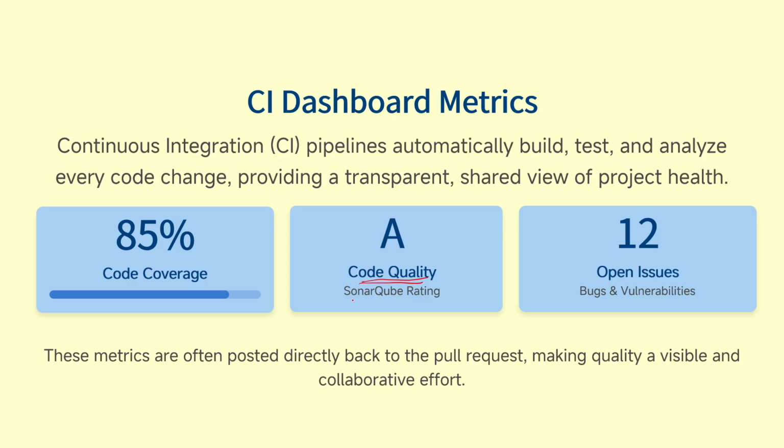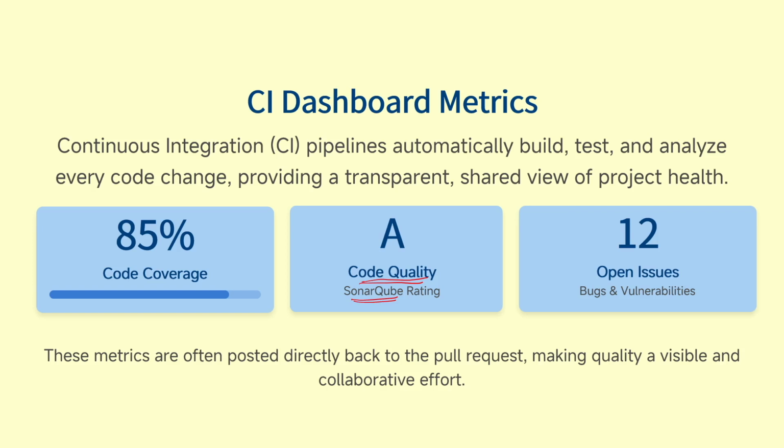So, here we have SonarQube. SonarQube is one tool with which you rate the quality of the code. Okay, so when you have all the coding standards and all the review has been done to maintain the quality, you can have a very good grade. And it also reports the code coverage and the open issues that are available.